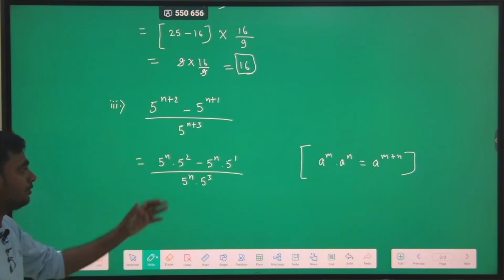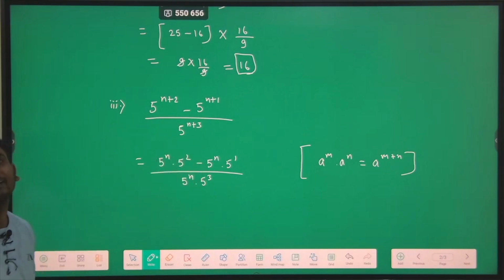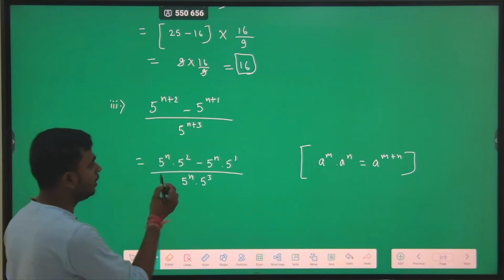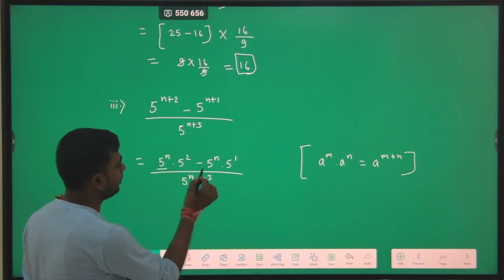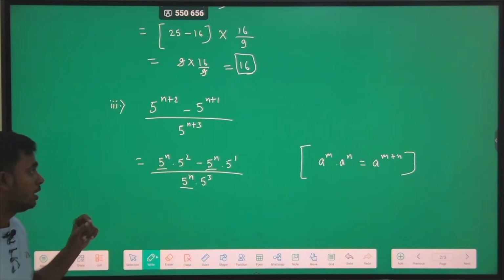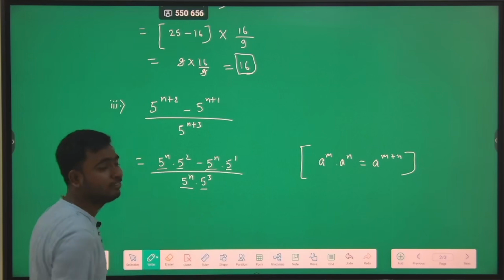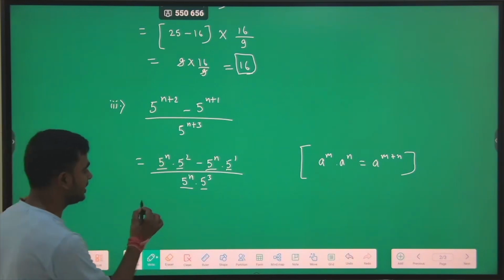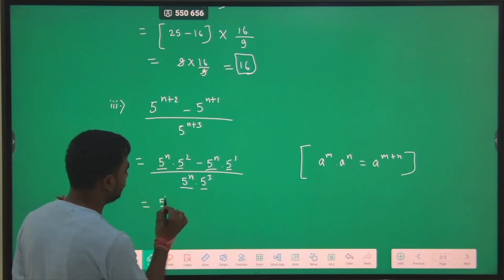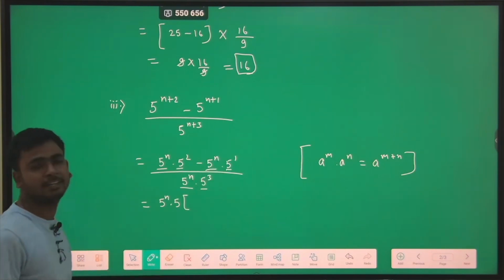Okay. So what we are getting common in both the numerator and denominator. In numerator, we are getting 5 to the power n, and in denominator 5 to the power n. What other thing are we getting common? We are getting 5 here, here, and here. So we will say that 5 to the power n into 5 is common in the numerator and denominator.